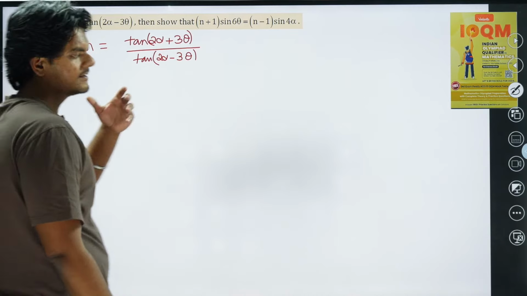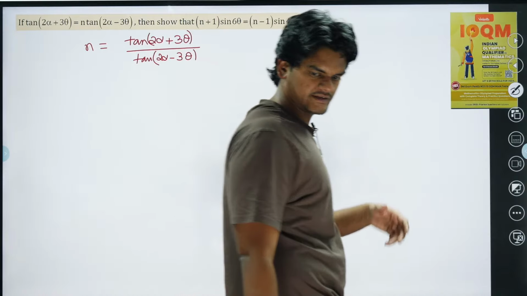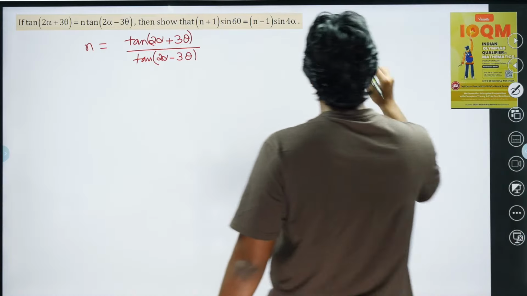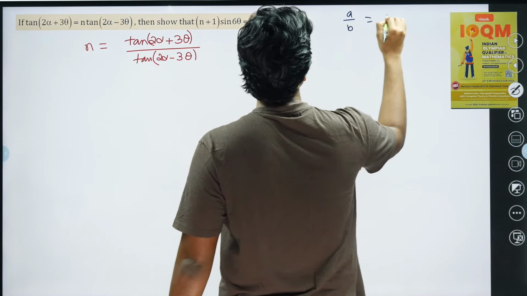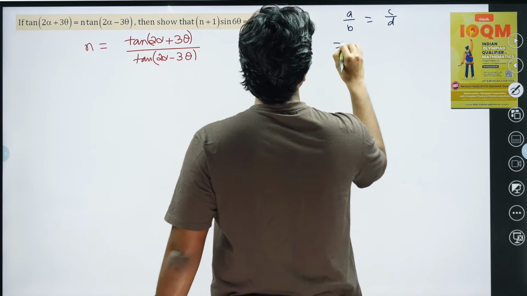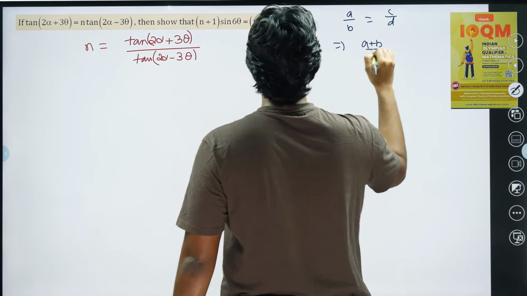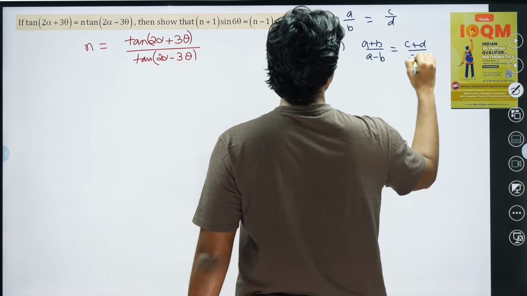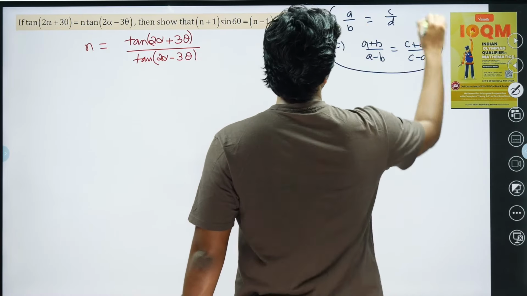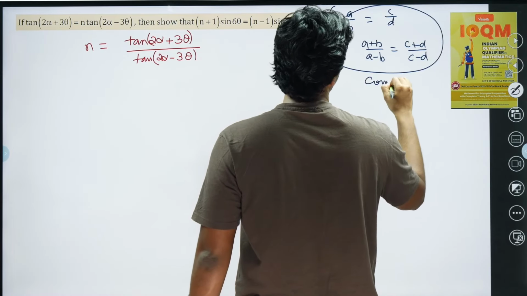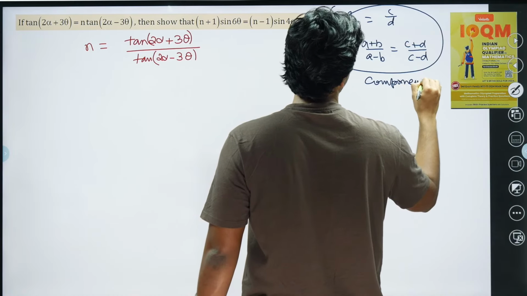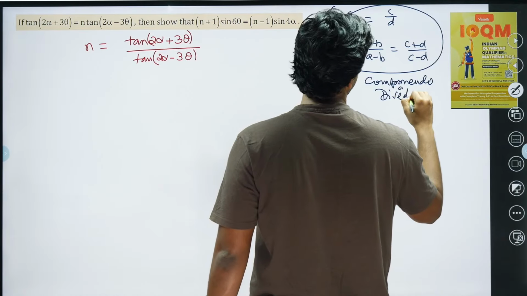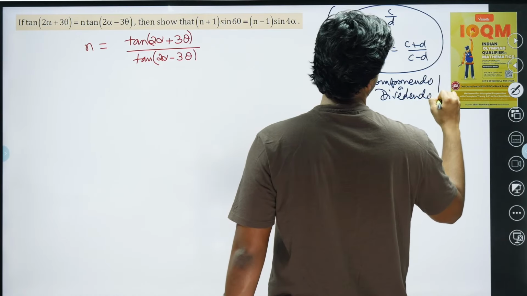This should be easy based on componendo dividendo, which I also demonstrated in a class, that a by b is equal to c by d implies that a plus b by a minus b is equal to c plus d by c minus d. This is called componendo dividendo, right?